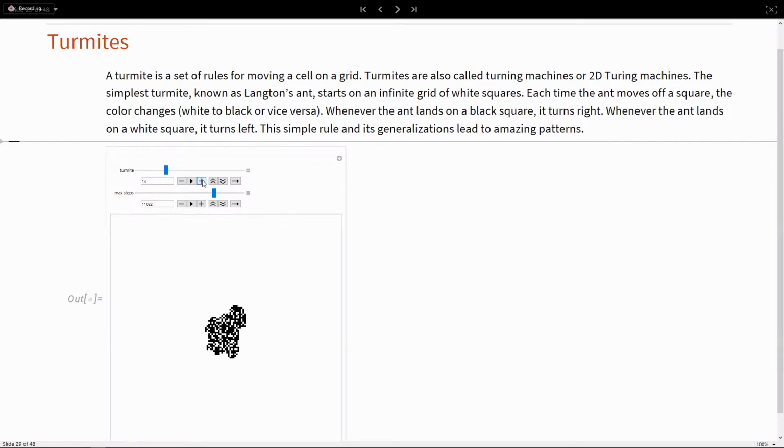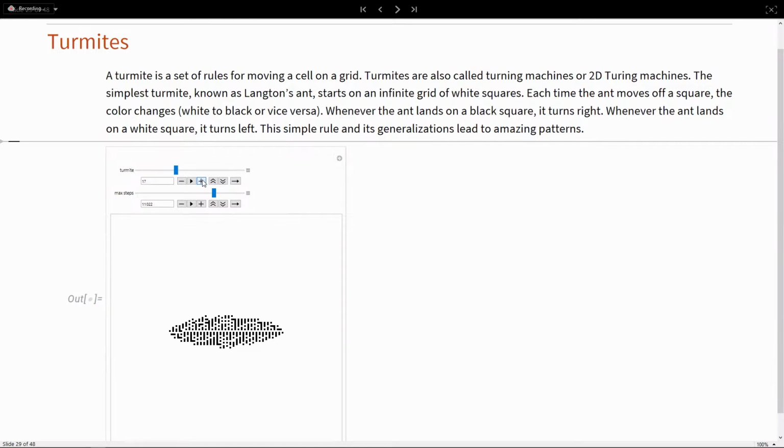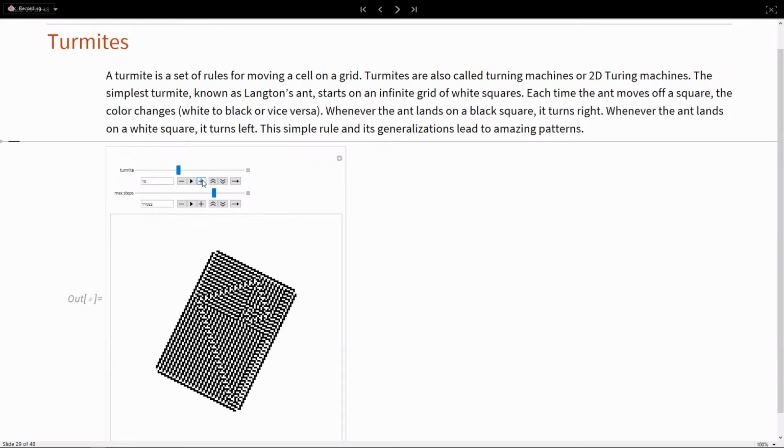It's sort of a question whether certain behavior seen in a Turing machine can be seen in an L system or in a substitution system. I believe that most termites will not be replicatable with space filling curves. But for example, that one probably is. This one probably is not.